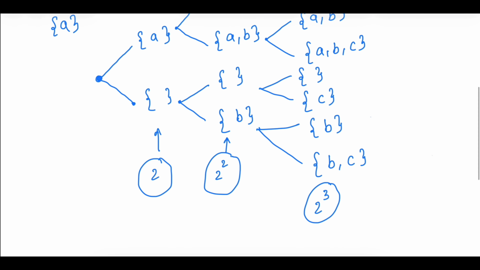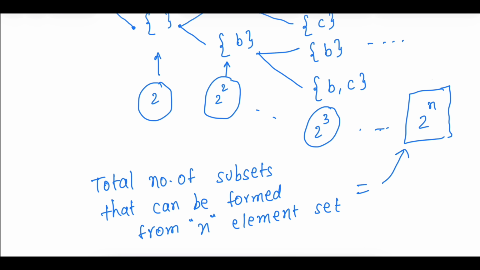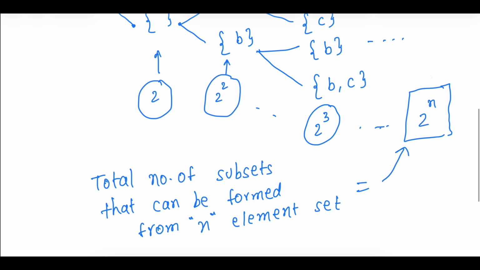So we can extrapolate the same for an n-element set, and then you will get 2 power n subsets for an n-element set. So the total number of subsets that can be formed from an n-element set is 2 power n.